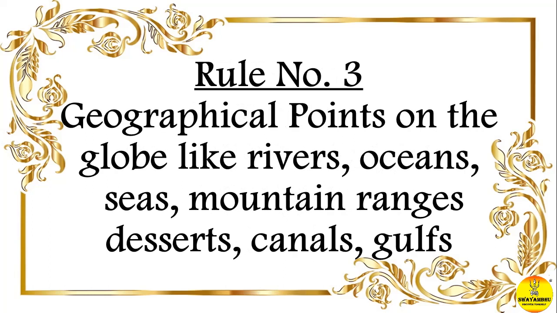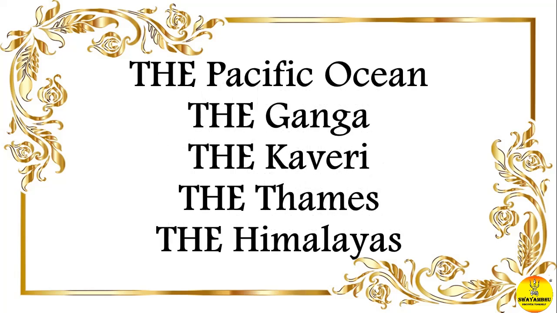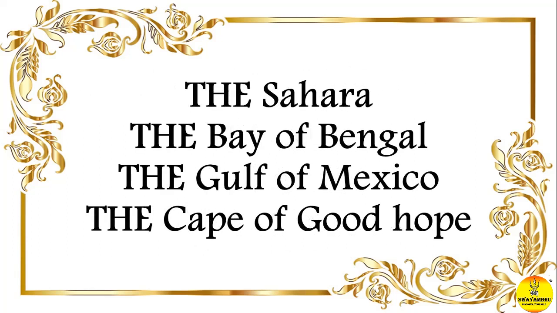Third one: when we talk about geographical points on the globe like rivers, oceans, seas, mountain ranges, meaning groups of mountains, deserts, canals, gulfs: the equator, the North Pole, the South Pole, the Arabian Sea, the Pacific Ocean, the Ganga, the Kaveri, the Thames, the Himalayas, the Alps, the Andes, the Rann of Kutch, the Sahara, the Bay of Bengal, the Gulf of Mexico, the Cape of Good Hope.